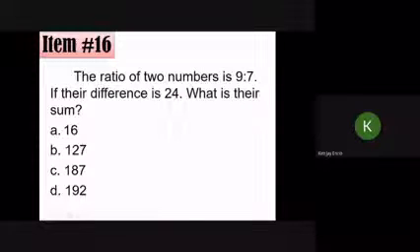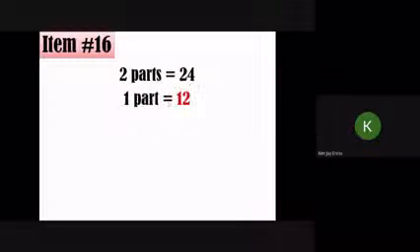And their difference is 24. So we could say that 2 parts is equal to 24. Dividing both sides by 2, 1 part is equal to 12. You can verify that with algebraic means. They are in the ratio 9:7. One is 9 parts, and each part is 12.